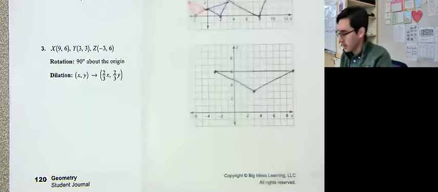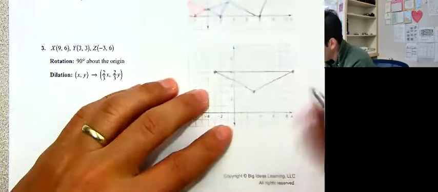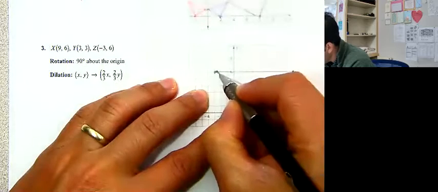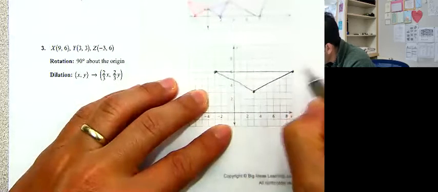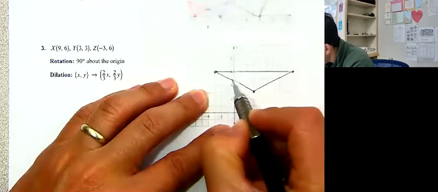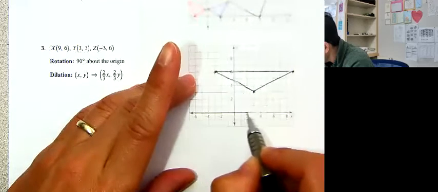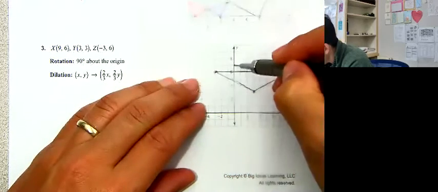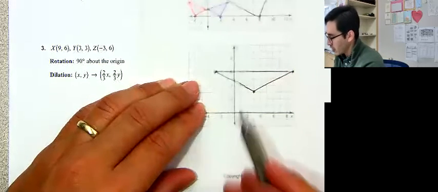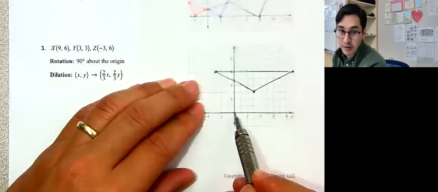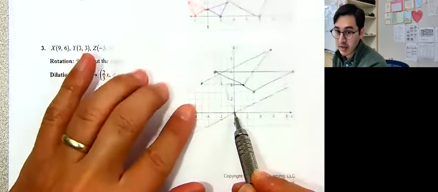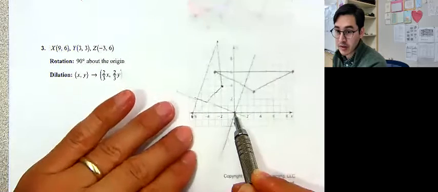Well, here is some tracing paper. I like to use it when I do rotations. So here's the original triangle. Let's also trace the x-axis and the y-axis. Okay. So remember, when we rotate, the default direction is counterclockwise. Okay. So I'm going to rotate it 90 degrees as a quarter turn.